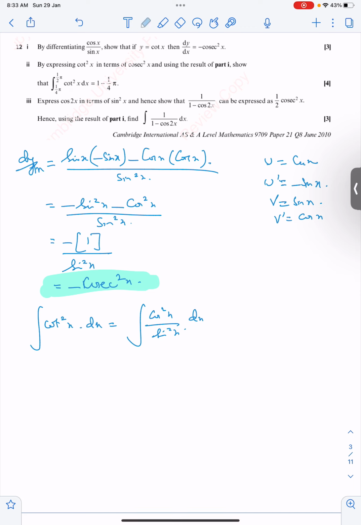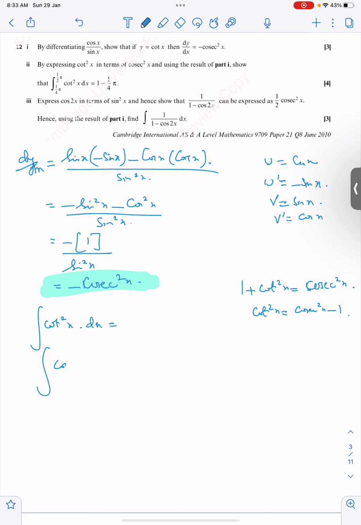We have the third identity here, which if you remember, 1 plus cot square x equals cosec square x. So cot square x is equal to cosec square x minus 1. In place of cot square x, I'm writing cosec square x minus 1.